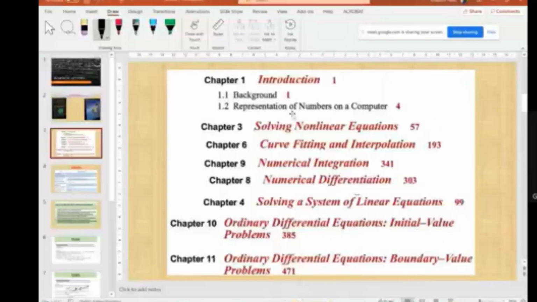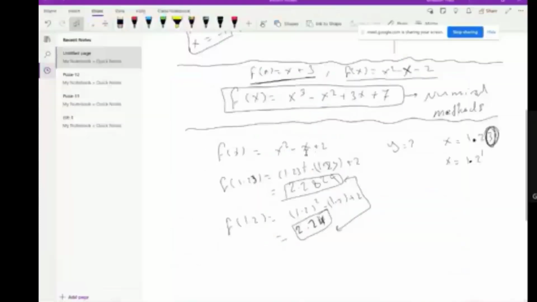Now let's come back here. The first subject we will take is solving nonlinear equations. This is a nonlinear equation.